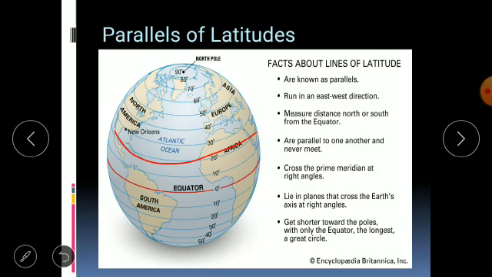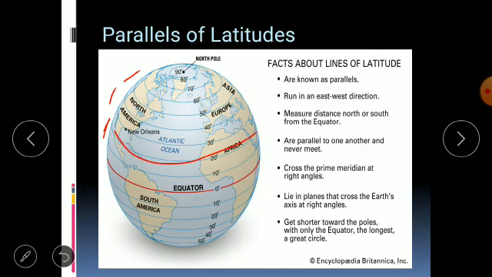Lines of latitude are imaginary lines running horizontally between the two poles. They are also called parallels because they are at equal distance from each other, and so they never meet. As you can see, all these latitudes are at equal distance from each other. So they never meet because they are parallel to each other.